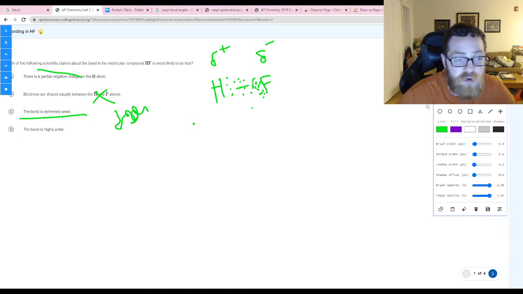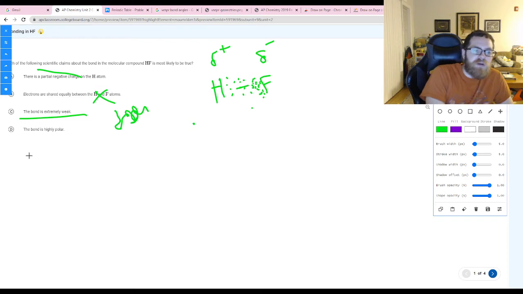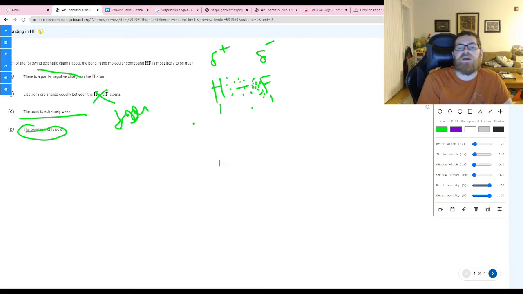It's something that maybe could be true, it could be plausible, but we don't have evidence of that just based on our knowledge alone. However, this last one, the bond is highly polar, our evidence of that is the most electronegative element with a much less electronegative element combined with it. So in this case, our answer would be D.